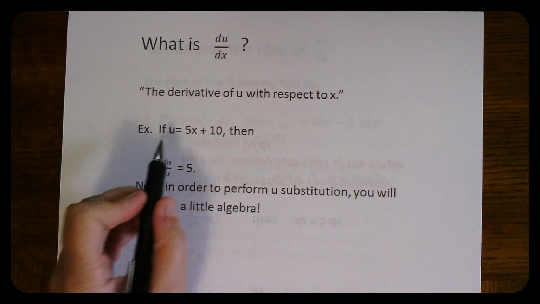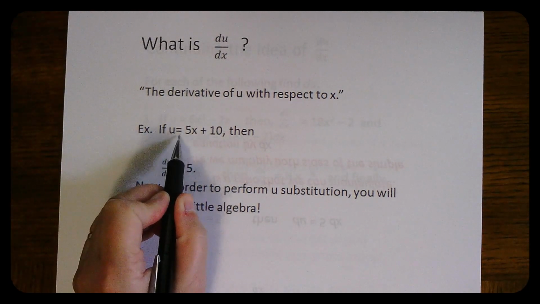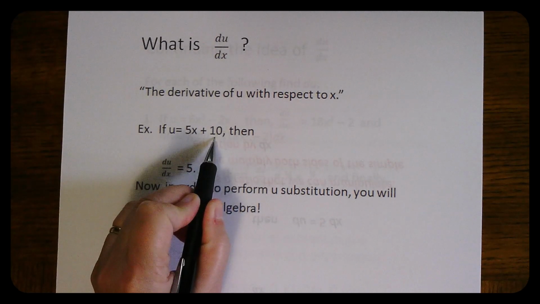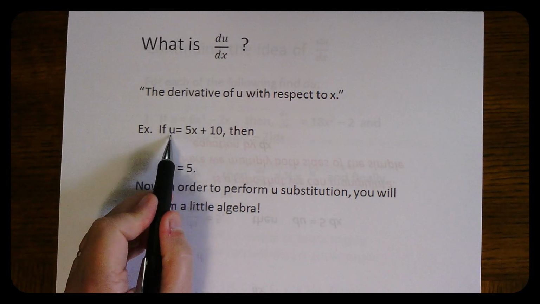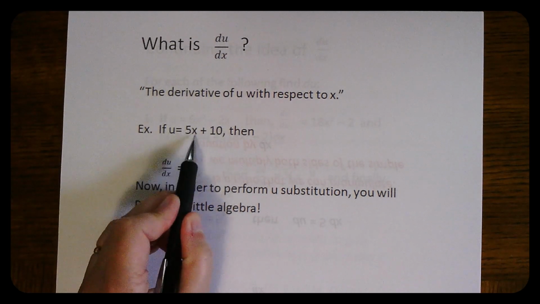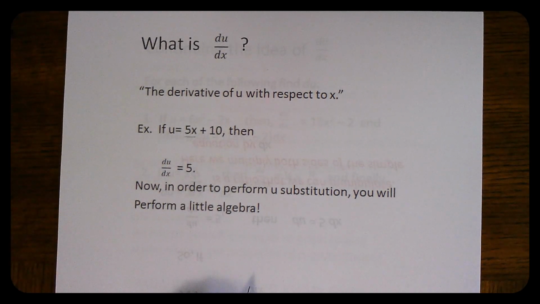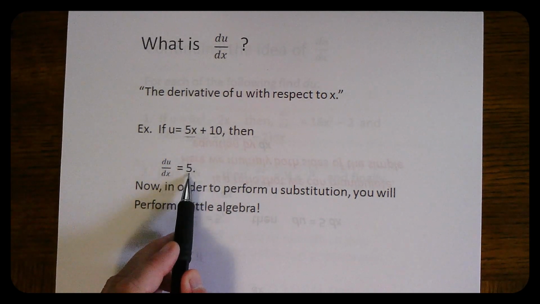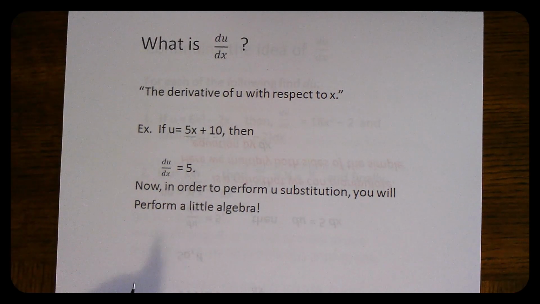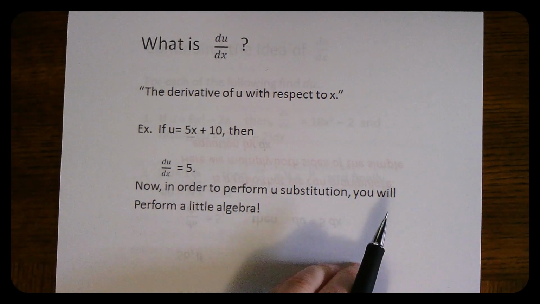So for example, if your function is u equals 5x plus 10, then the derivative of the function u with respect to x would be 5, because the derivative of 5x is 5 and the derivative of 10 is 0. Now we're going to use a little algebra.